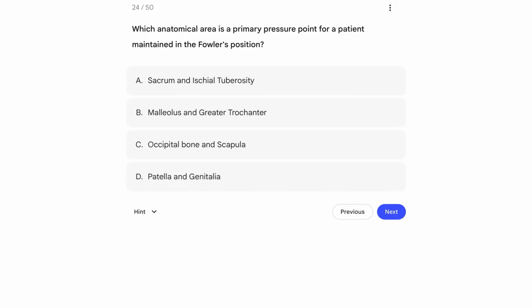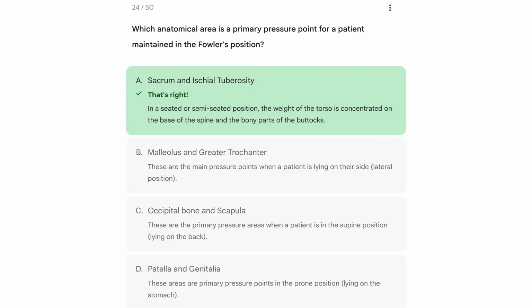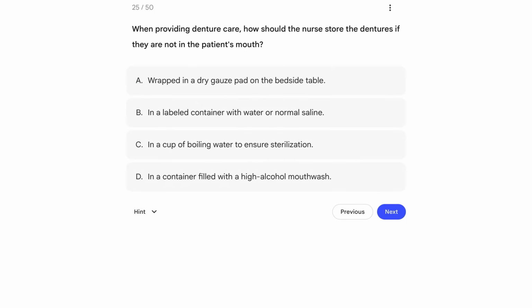Next, patella and genitalia, this is for prone position. Occipital bone and scapula, this is for supine position. Option A, sacrum and ischial tuberosity, is for the Fowler's position. Okay.